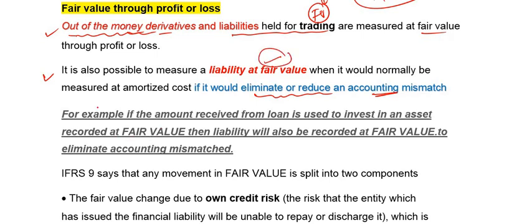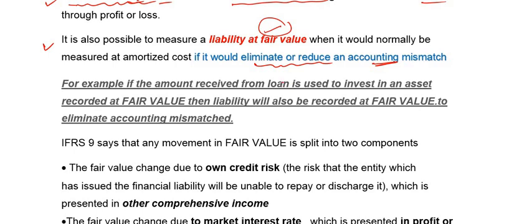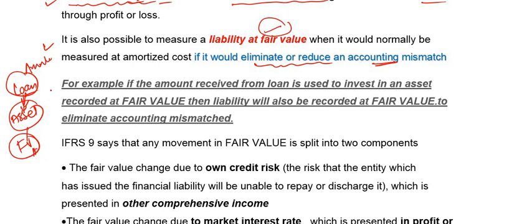For example, let's say you have to receive some loan, okay, fine. Now you have to invest this loan in an asset, meaning you have taken this loan and you have to invest it in an asset, and this asset is recorded at fair value. So normally this loan is measured at amortized cost and this asset is measured at fair value. So this is an accounting mismatch.